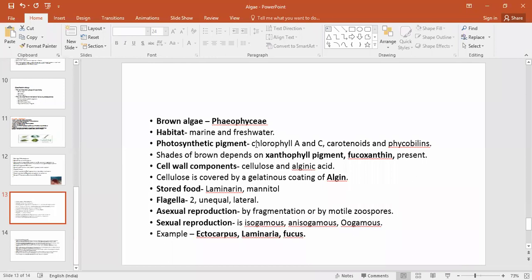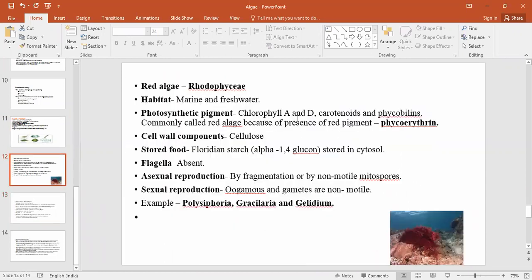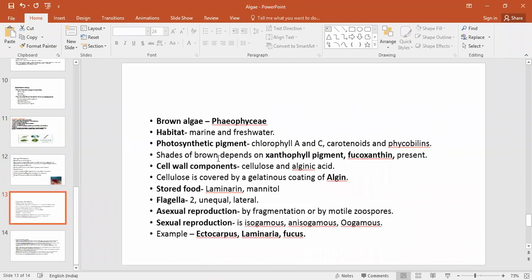Here they possess chlorophyll A and C. In Chlorophyceae the pigments are A and B, in Rhodophyceae A and D, and in Phaeophyceae A and C. They also possess carotenoids and phycobilins.